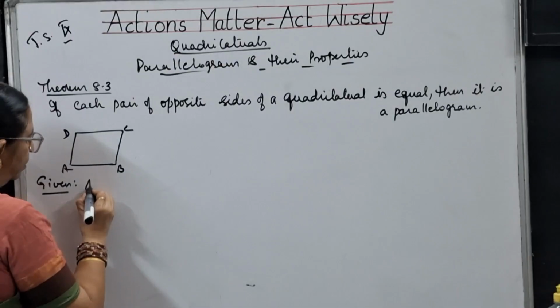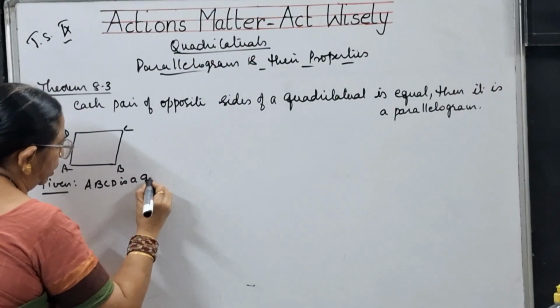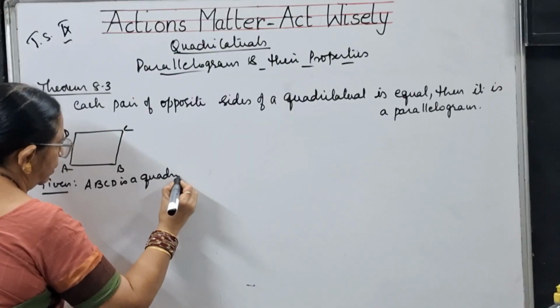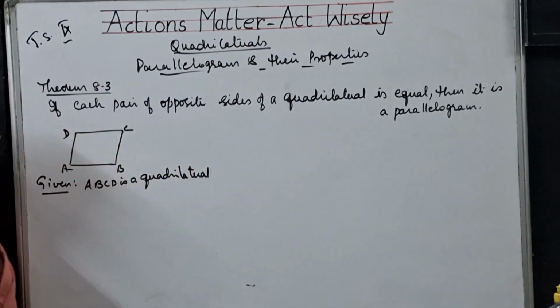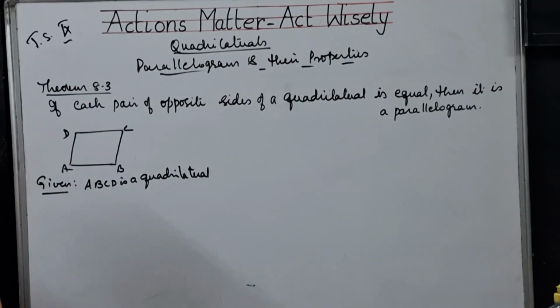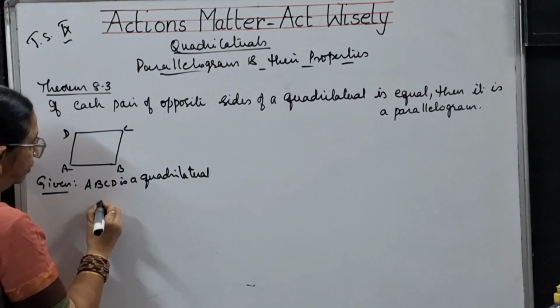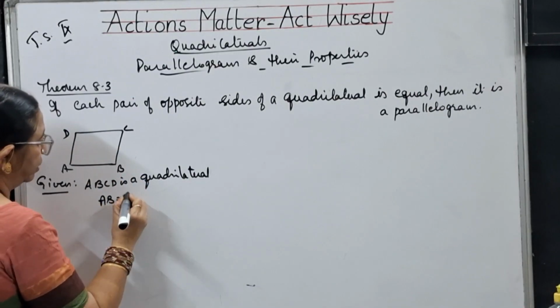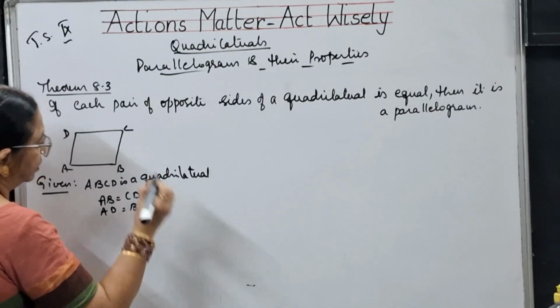They have given that ABCD is a quadrilateral, and that each pair of opposite sides is equal. So in this quadrilateral ABCD, they have given AB is equal to CD and AD is equal to BC.